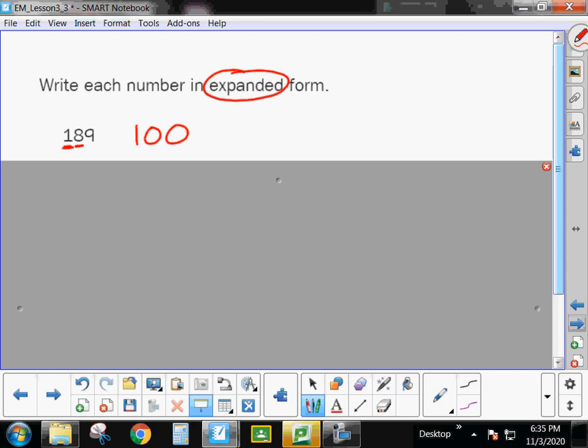This 8 is in the tens place, so it's really 80. And this 9 is in the ones place, so it's really 9. And then we put that little plus sign in between. So 189, written in expanded form, is 100 + 80 + 9. It's kind of like saying the number really slowly and writing out each of the parts.